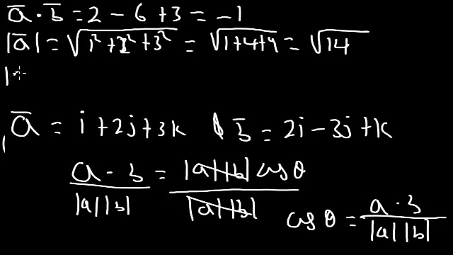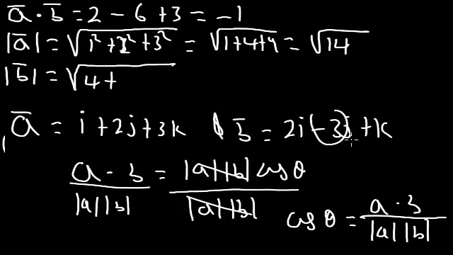What about the magnitude of vector B? That will be the root of the square of this, which is 4, plus the square of this, which is 9, plus the square of 1, which is 1, which is still the root of 14.